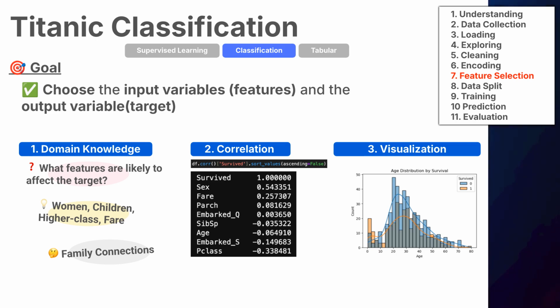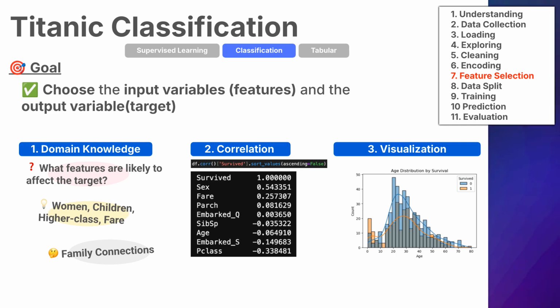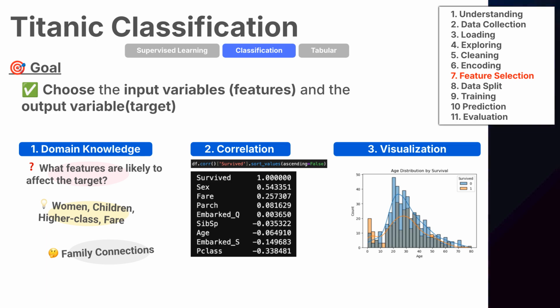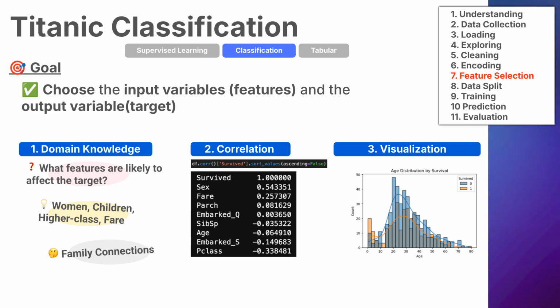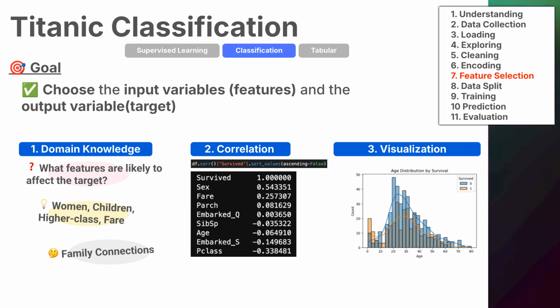Higher class passengers had better access to lifeboats. Younger passengers may have had higher priority. Fare may reflect socioeconomic status and cabin location. Embarked might indicate regional differences in passenger demographics or cabin assignment. Family connections such as siblings, spouses, and parents' children may influence survival, and so on.